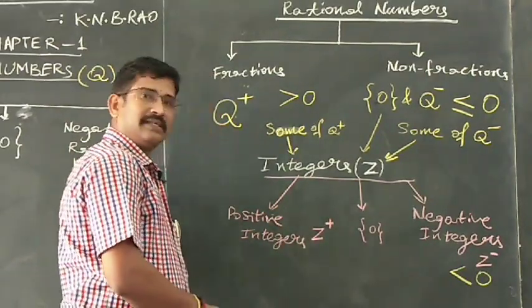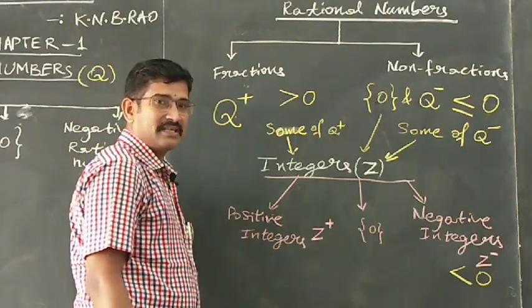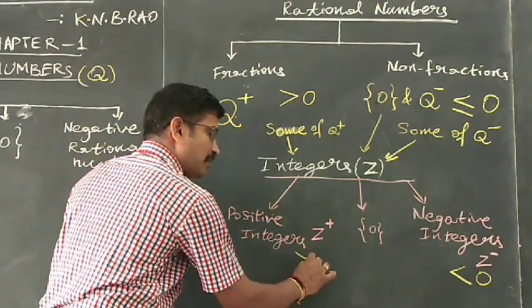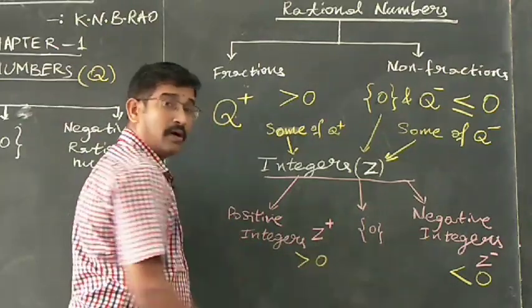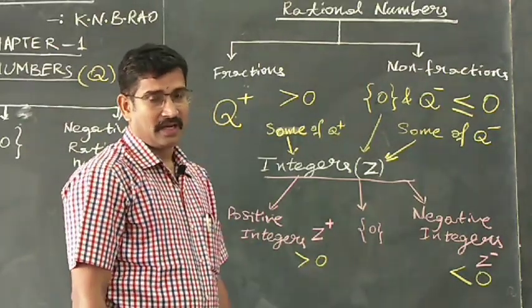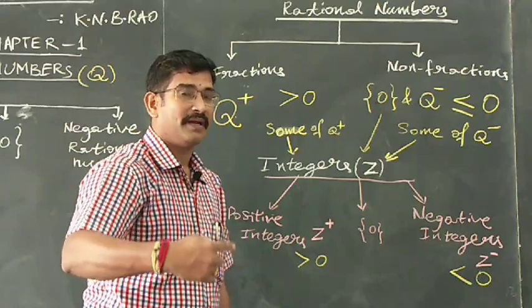So, all the positive integers are those numbers greater than 0 provided they have the denominator 1.